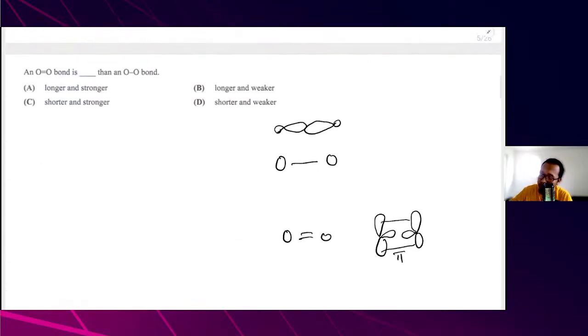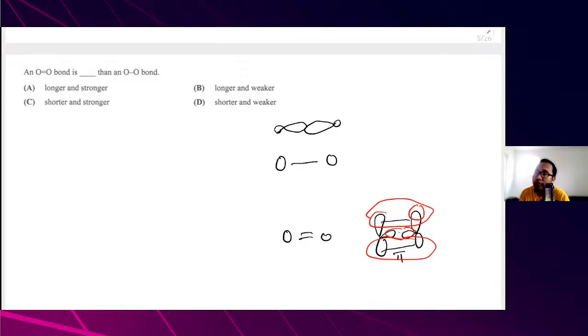In this part it will be weaker. Okay, I mean not weaker, I mean stronger. You can explain how a double bond is stronger than a single bond, because there is an additional overlap of unhybridized p orbitals. So not only this one, but it also has this one as well.